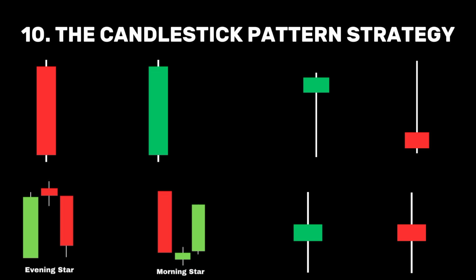The candlestick pattern can come as a single entry candlestick or as a pattern made up of two or more candlesticks. The single entry candlesticks include candles like the pin bar, the momentum candlestick, the doji candlestick, and more, while the candlestick patterns include formations such as the morning star, the evening star, the engulfing candlestick pattern, and more.